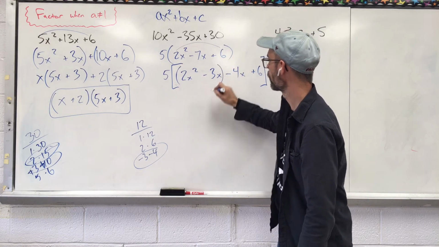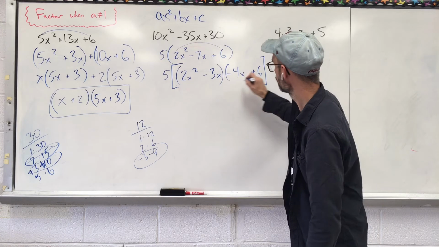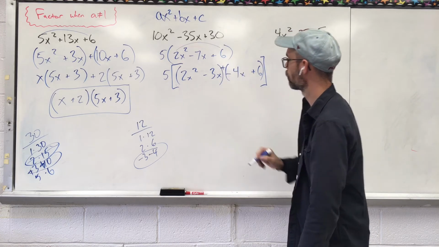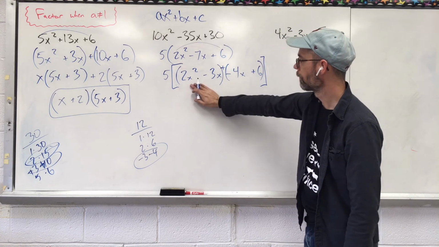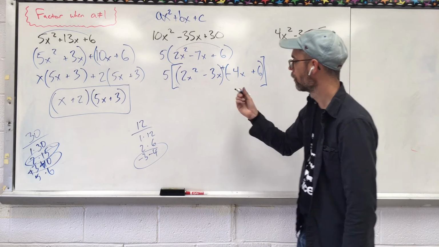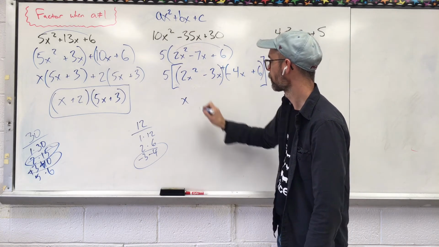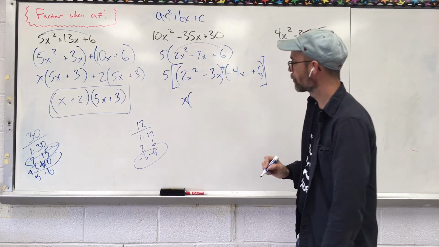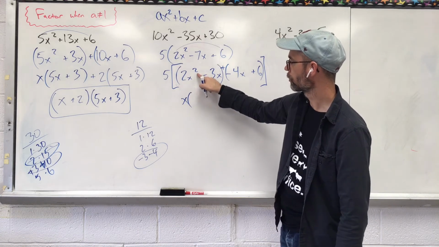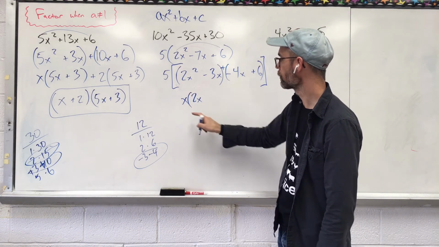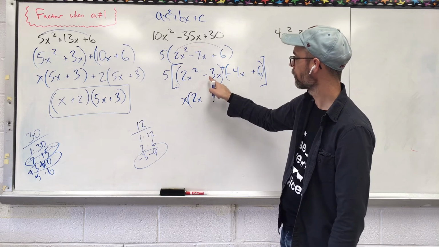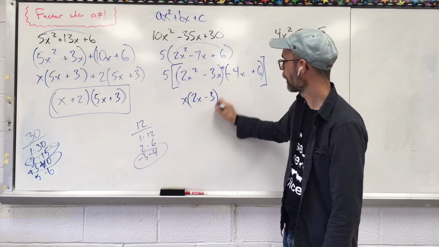Because I want to group, put a little placeholder in there. So now, first set, what do we share? We share an x. X times what gives us 2x squared? Just 2x. X times what gives us negative 3x? Minus 3.